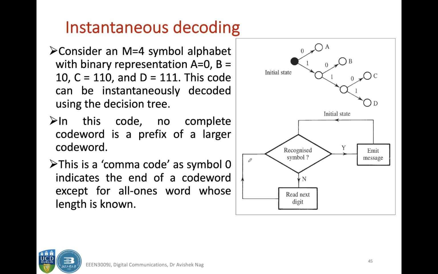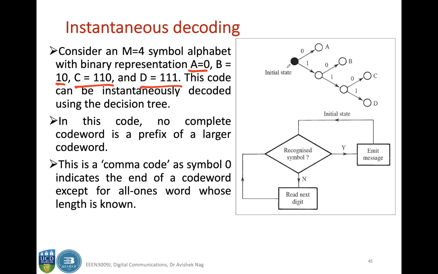Okay, but if we have this type of binary representation, let's say A equal to 0, B equal to 1, 0, C equal to 1, 1, 0, and D equal to 1, 1, 1. So this code can be instantaneously decoded using this decision tree.